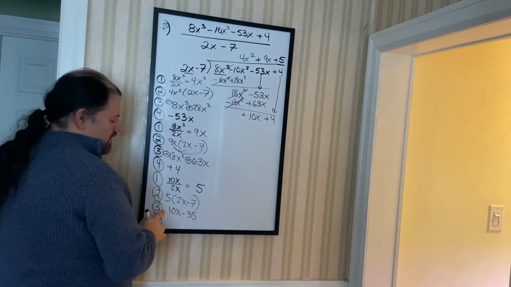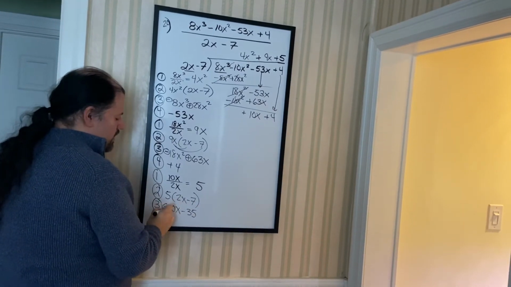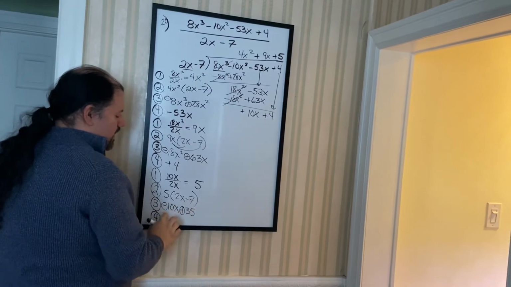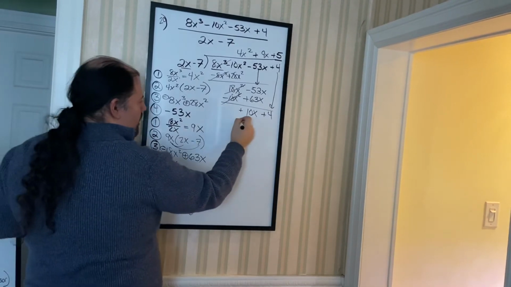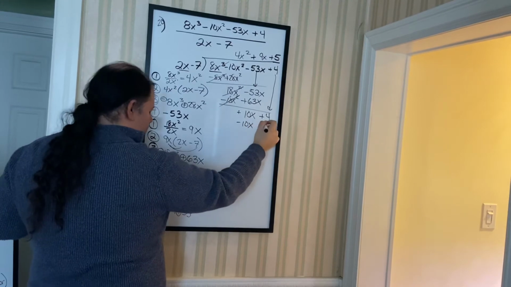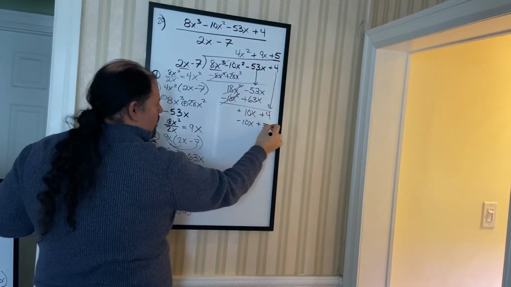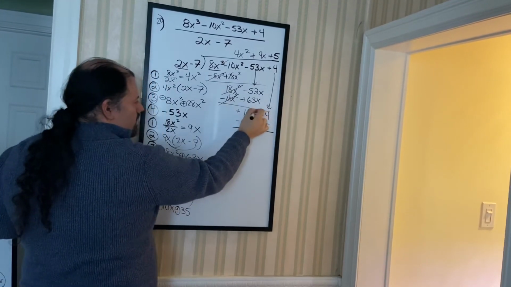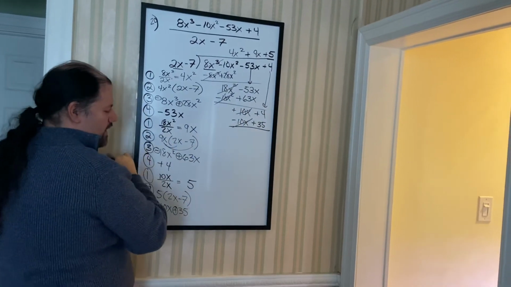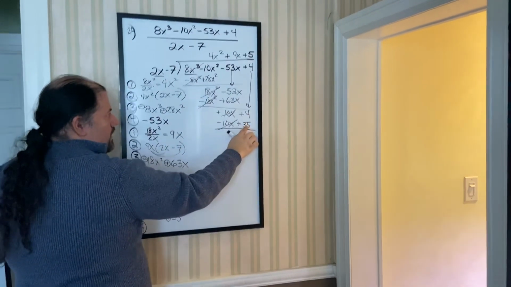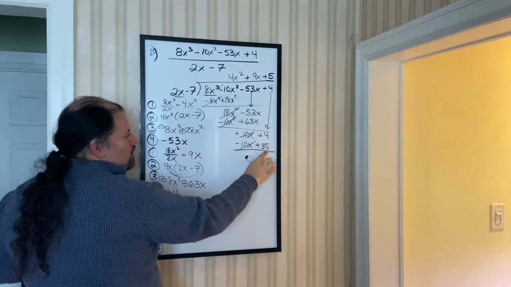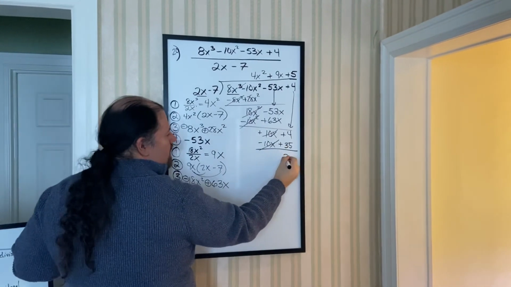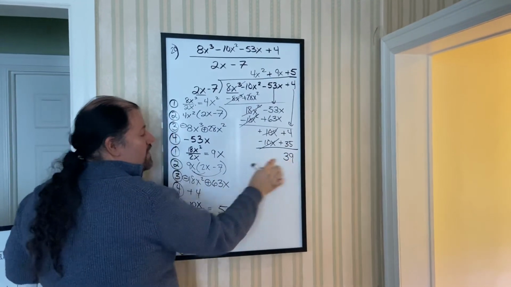But remember the ABC, change the signs, line him up, and collect our like terms. So this and this cancel out, and this, you should know. 2 positives, you add, we get a 39. So we get a remainder.